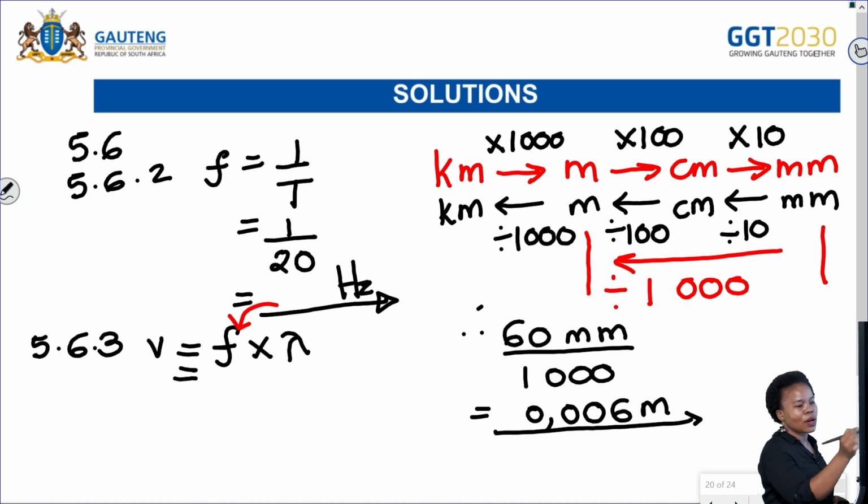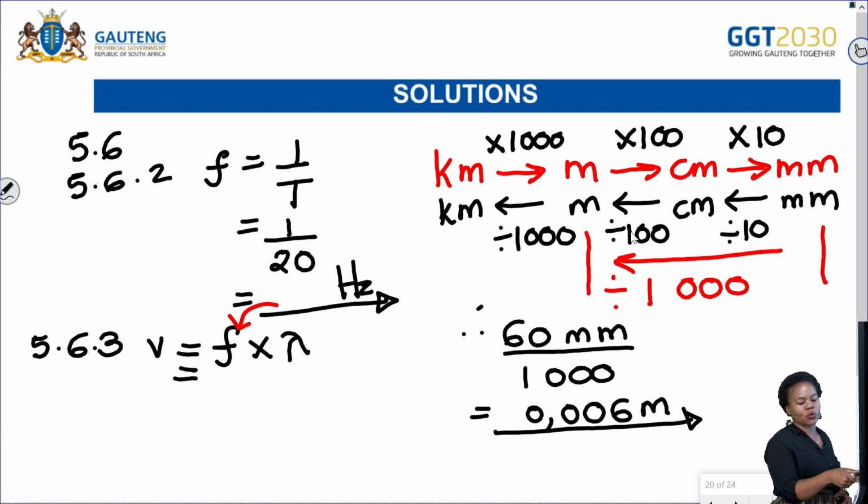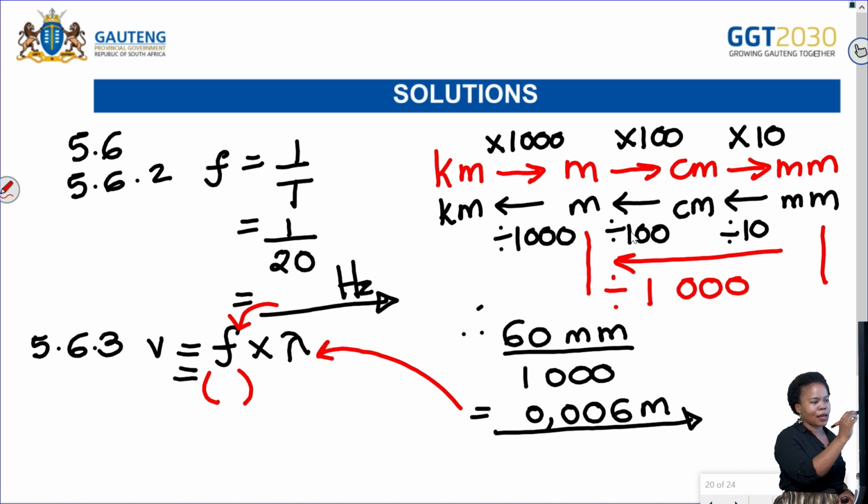And then this is the answer that you substitute as your lambda. So now you have your frequency, you have your lambda, and you'll find your answer in meters per second.